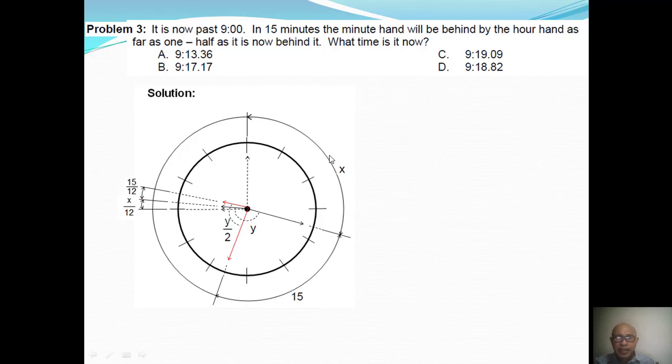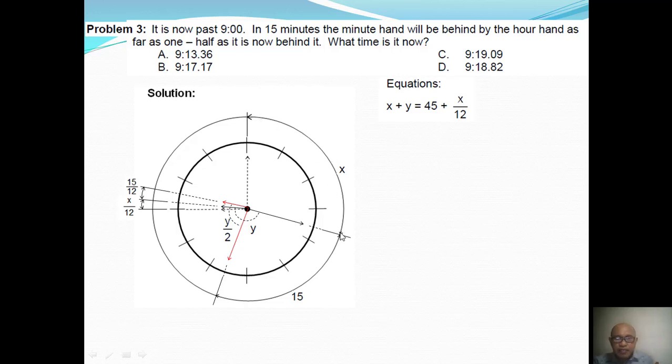So, we need the value X. So, anong una nating pwedeng ma-form na equation? Okay. So, I will have the number of minutes. So, we have here X na. Then, we have here Y. Kita niyo ba? Then, we have here 45. Then, this is X over 12. So, siguro I can say this, ha?